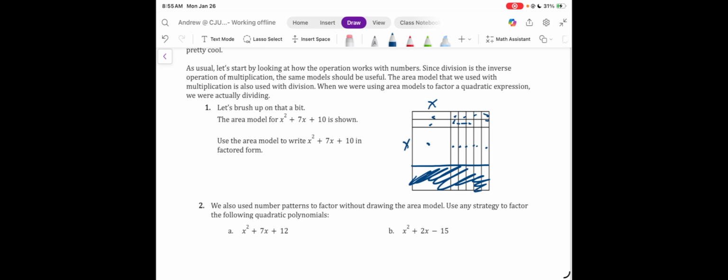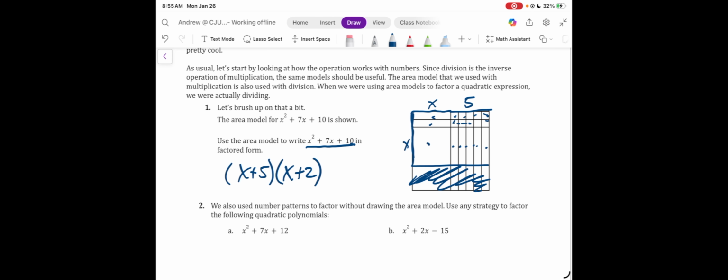Now, according to the area model, if I take an X distance plus 5 more, and an X plus 2, these two, that would be length and width, multiplied together give you the area of the rectangle, and that's X squared plus 7X plus 10. That means X plus 5 divides into X squared plus 7X plus 10, and so does X plus 2 divide into X squared plus 7X plus 10.